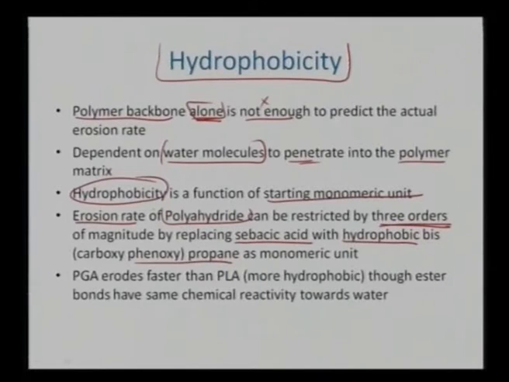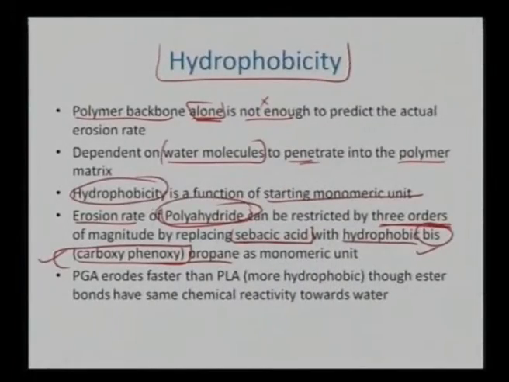So in one case, once we have this polyanhydride, if we can replace the sebacic acid with a much more hydrophobic monomeric unit, which is bis carboxyphenoxypropane, then that one is making it super hydrophobic. It is making it much more hydrophobic. It can increase the hydrophobicity by around 1000 times, or 3 orders of magnitude. So that is what is happening. That is the effect of hydrophobicity.